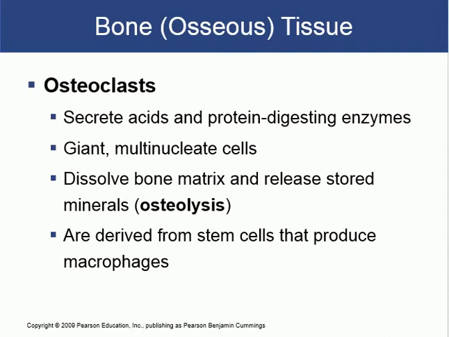The protein is dissolved by proteolytic enzymes. What's proteolytic? Proteolysis means protein breakdown. Collagen fibers are protein. So this is one. Now you still have the calcium salt. You cannot take the calcium salt to the blood. You need calcium. So how can you break it down?